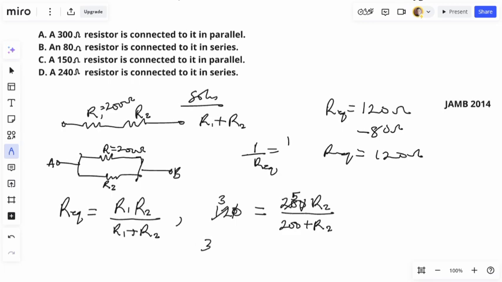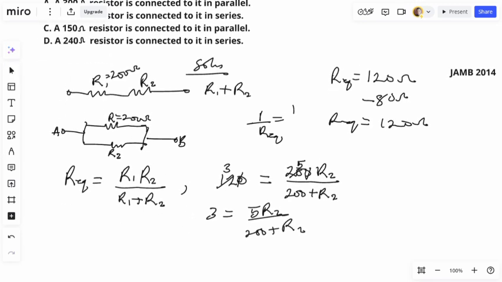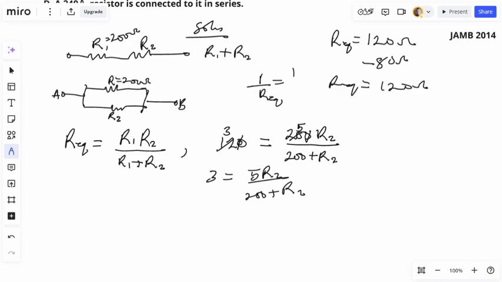So we now have 3 equals 5R2 over 200 plus R2. If you do cross multiplication there, you'll be having 3 times 200 plus R2 equals 5R2.